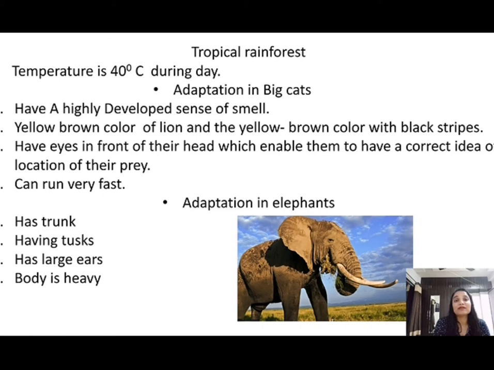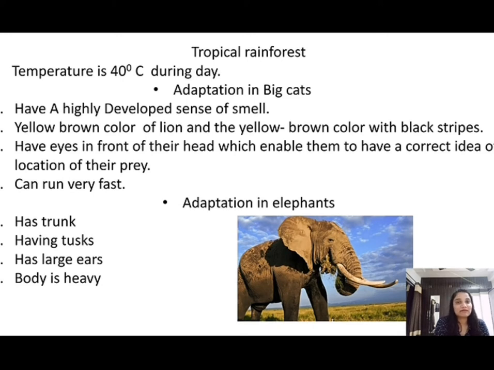Fourth, they can run very fast, and they have big claws in their front legs, and when the claws are not in use, they can take them inside the fingers. Okay, so this is the adaptation in big cats.